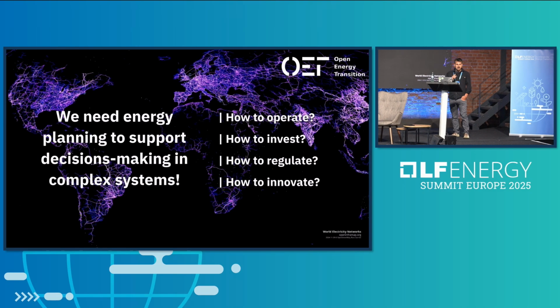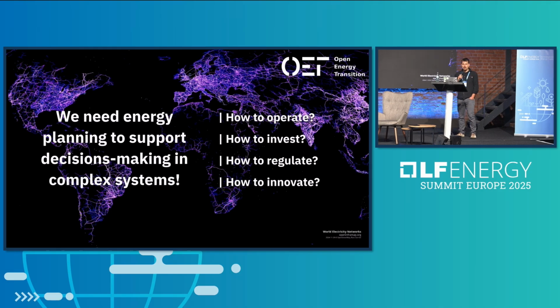So what do we do at Open Energy Transition? The main goal that we are looking into is to make software for energy planning so that we have better decisions on complex energy systems. Sometimes if you look into newspapers, it feels like energy systems is something that people just decide on their political opinion and other ideas they have.